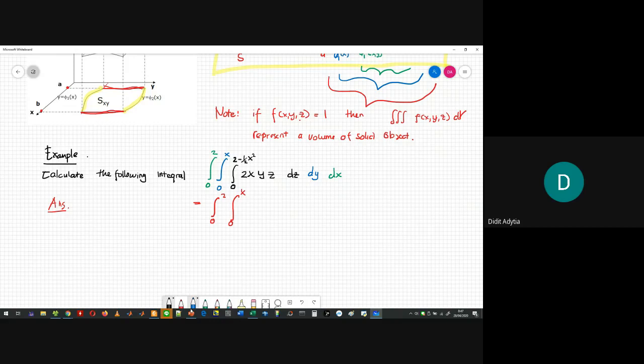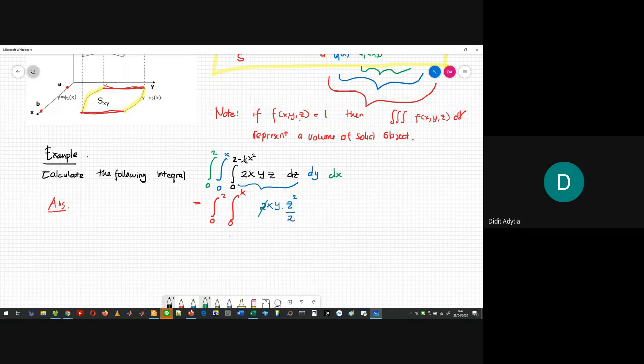Okay, this black one I integrate directly. Ini diintegrasikan terhadap z, jadinya apa? We integrate directly to z. Z berarti yang lain kita anggap sebagai constant. Di xy, this is constant, dan z-nya adalah z square divided by 2.